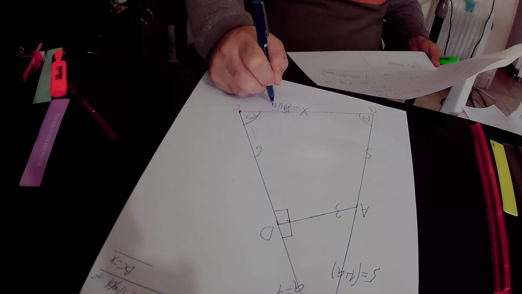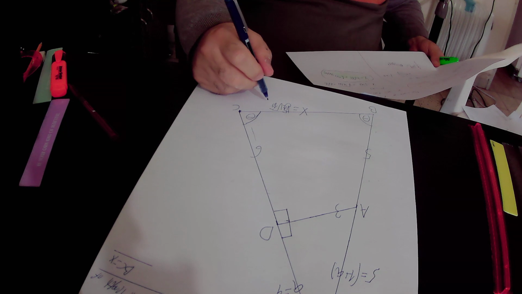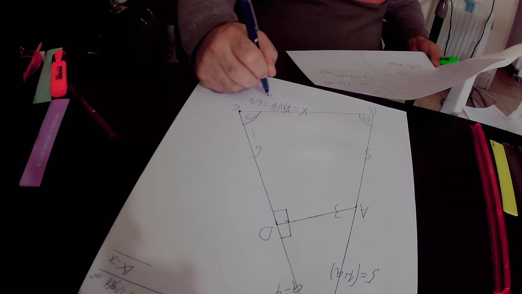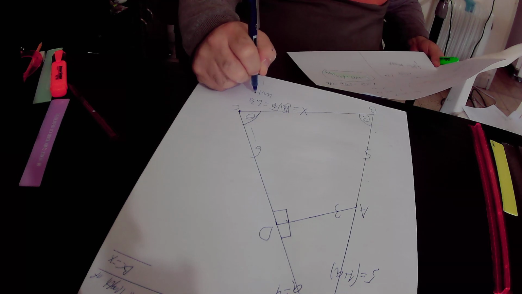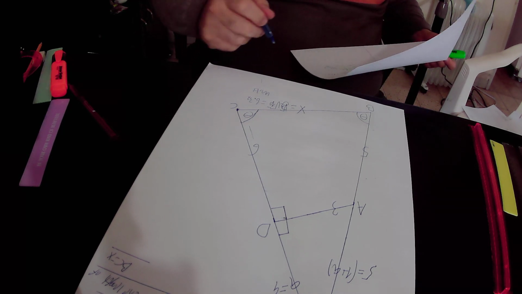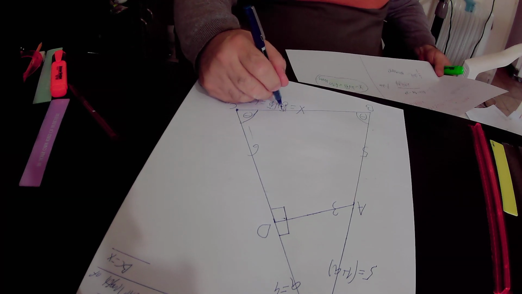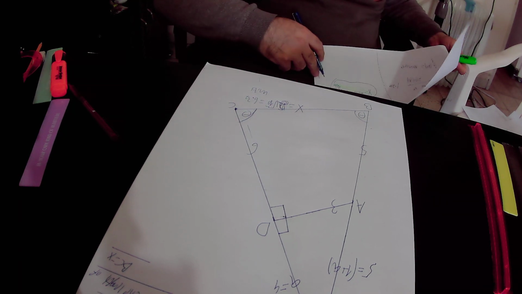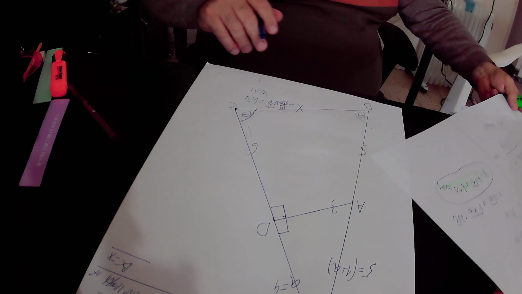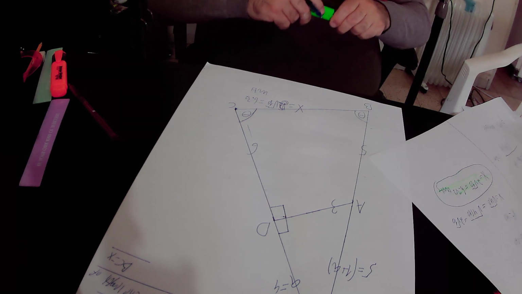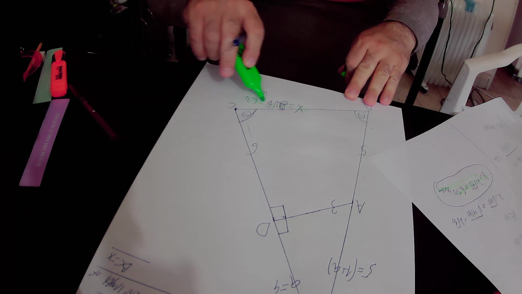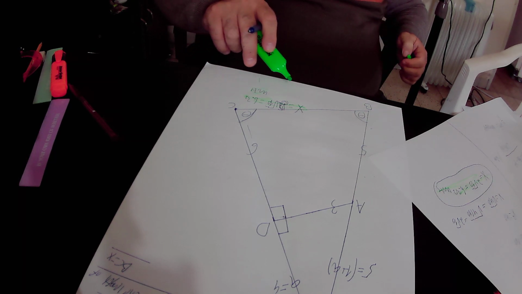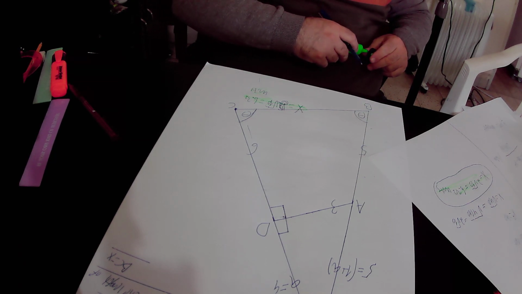In the next step, I will present to you how to find the length of side BC, that is actually equal to x, according to the second method.